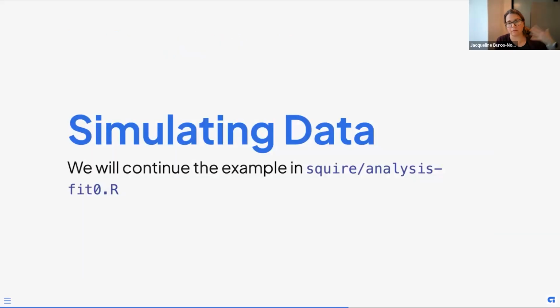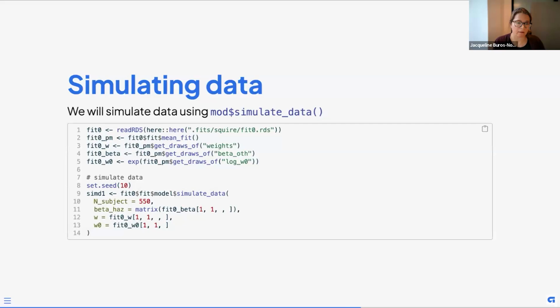But the point here is not to rehash things that we already know about oncology data. The goal I wanted to walk through was an example of using these estimates of the transitions across these states to simulate data and answer particular questions. So here, if we read in a fit object that's already been generated and saved, we can take the mean of those parameters for each of the parameters and use that to simulate new data.